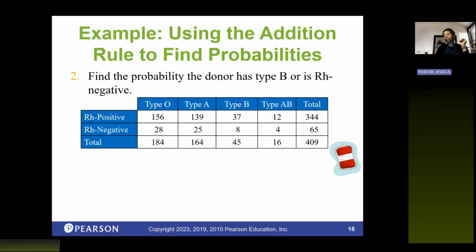What about this one? Are we mutually exclusive or no? We are not. So, what are we adding and subtracting here?